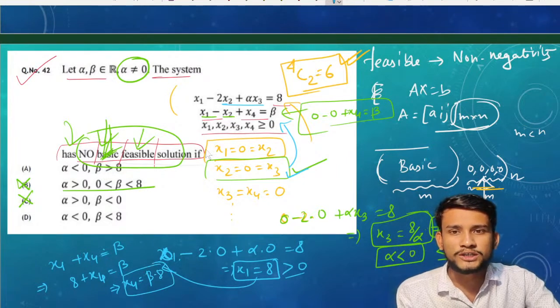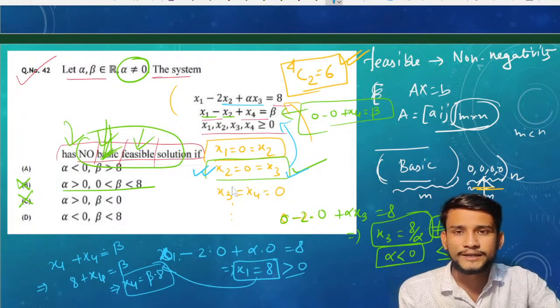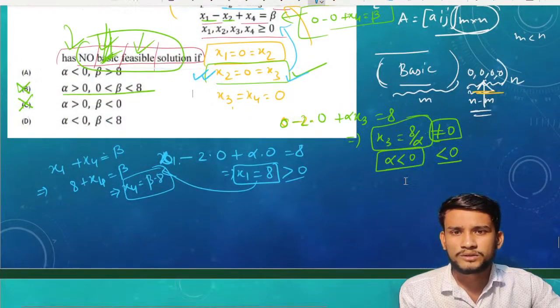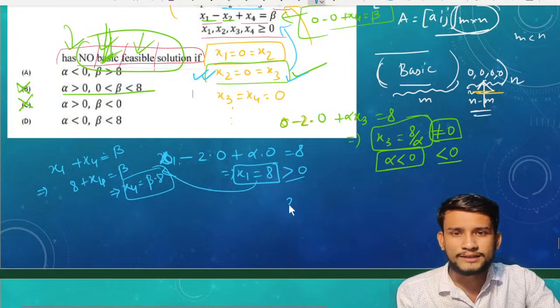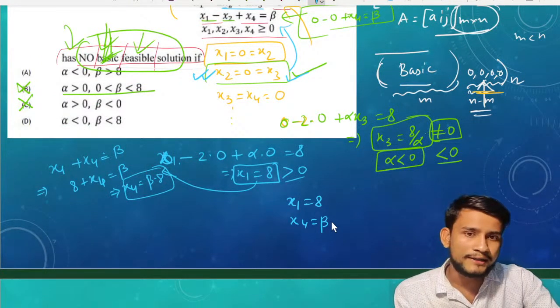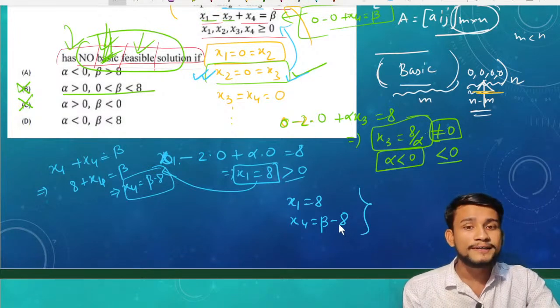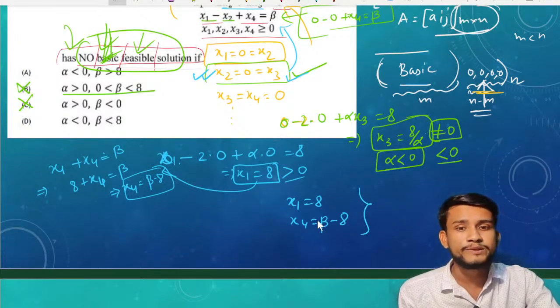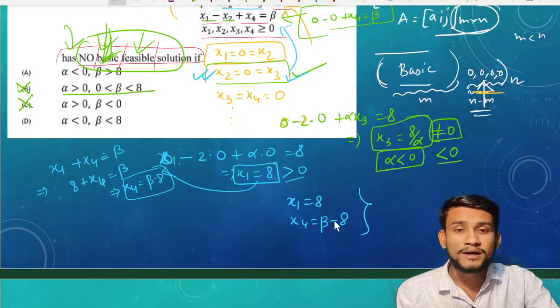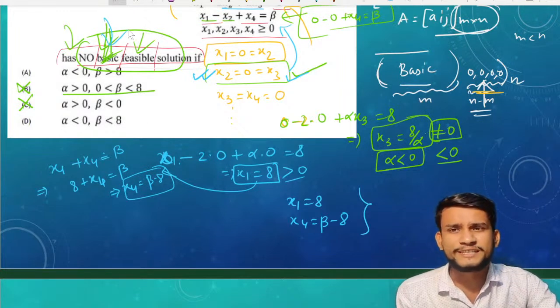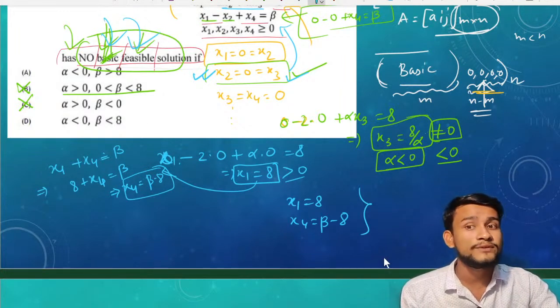So for the choice of x2 and x3 equal to 0, we get x1 equal to 8 and x4 equal to beta minus 8. Now if it is not a basic feasible solution, since beta can be 0 or not 0, we can't decide on the basic part. Here we also go to the feasible section.